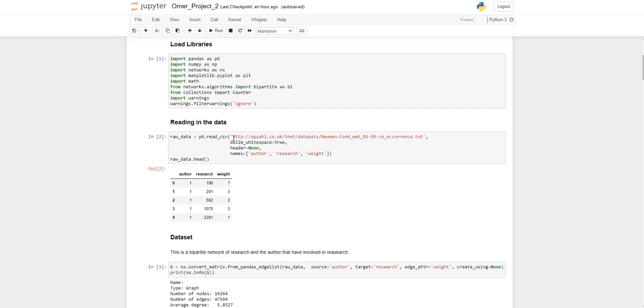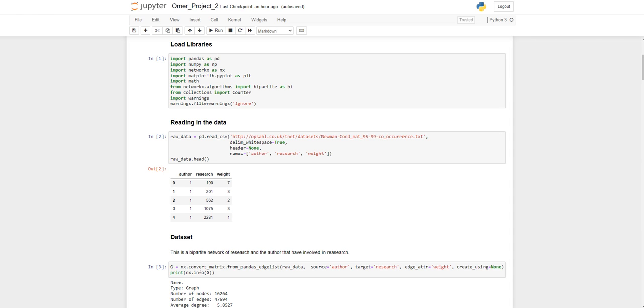I have the names for the data: the author, research, and then weight. And then I'm just printing here how it looks. We can see the column name author, and the column name research, and how many research papers are attributed by author, and then what is the weight of the research by the author.